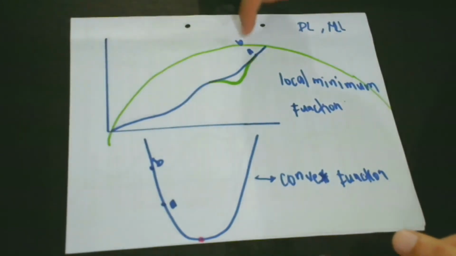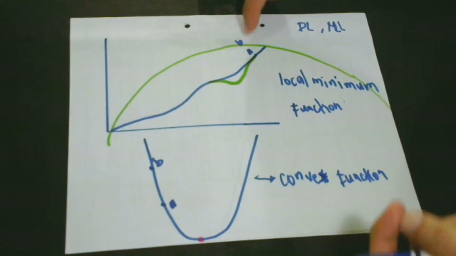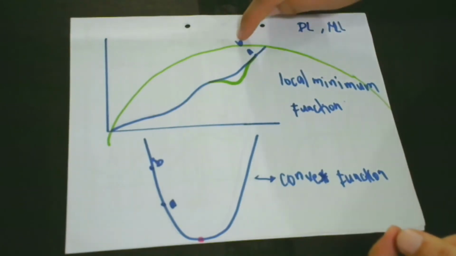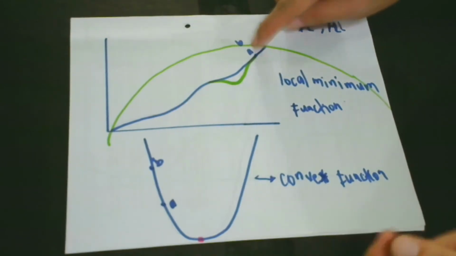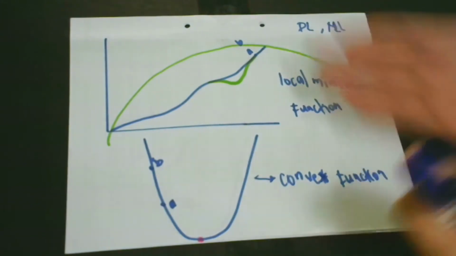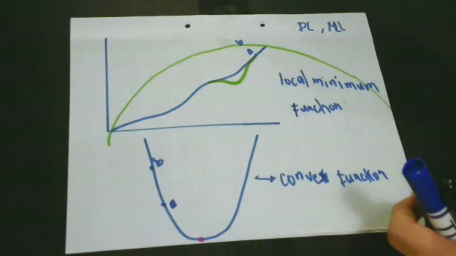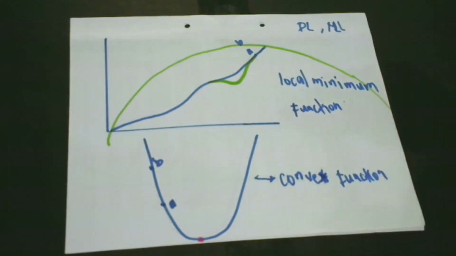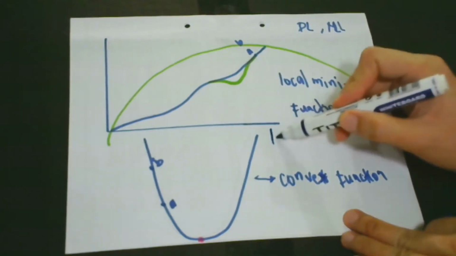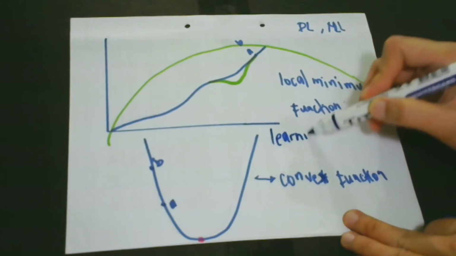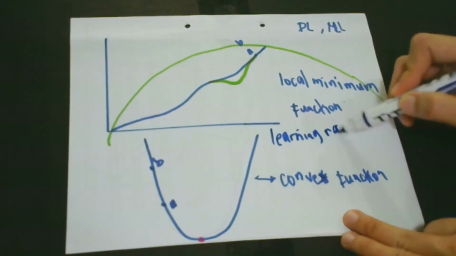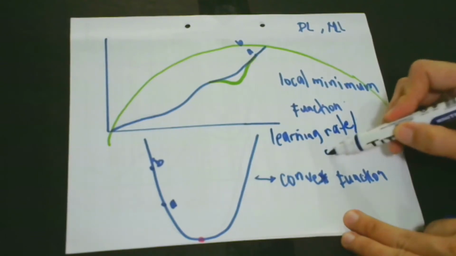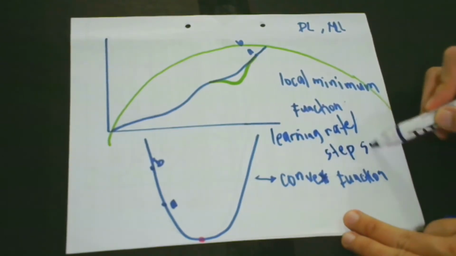But if B would like to reach this point slower than A, then B is not going to exert more effort than A. In machine learning and deep learning, we call this learning rate or step size. Let me write that. This is very important.